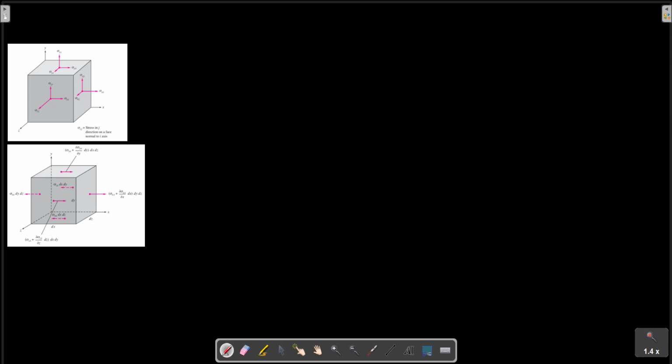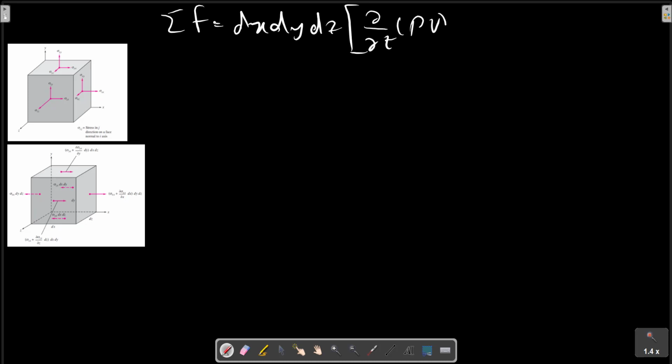We had a relation for the sigma F, which was obtained as dx dy dz, rho V plus, V plus rho, plus.